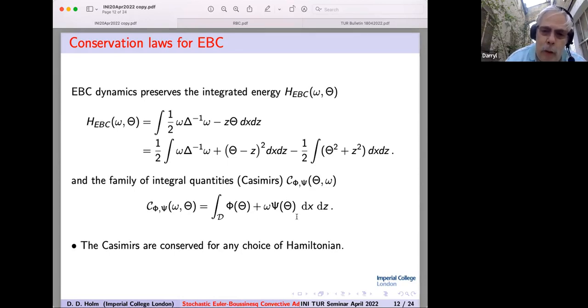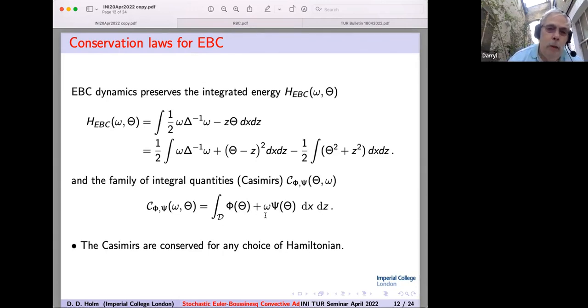And the interplay between the two gives you another conservation of any other function of theta times the vorticity. So these two are hallmarks of the deterministic equations for ABC. The Casimirs are conserved, and the Casimirs go with the circulation theorem. And there's also the energy, which is conserved.